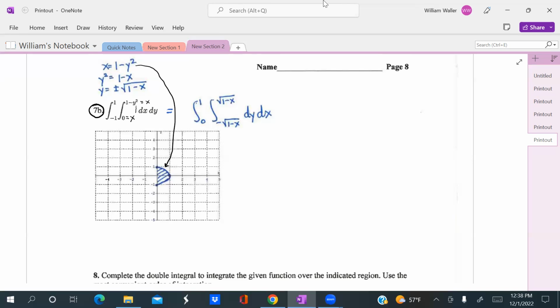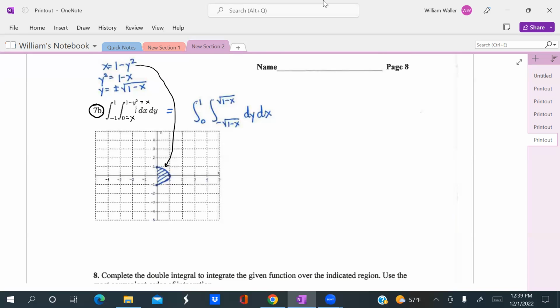If you set x to 0 and solve, you get that y is going to be plus or minus 1, right? So it's going to cross the y-axis at plus or minus 1. So it's pretty easy then to just connect those dots with the parabola. So there's the parabola that forms the right-hand side of this region. And that's really all you have to graph, right? Here.